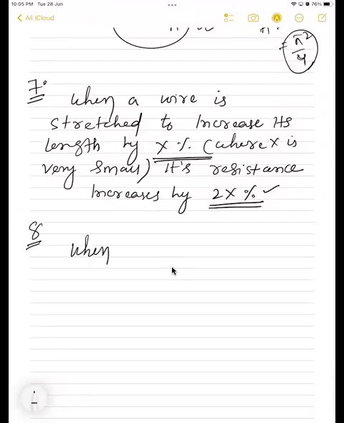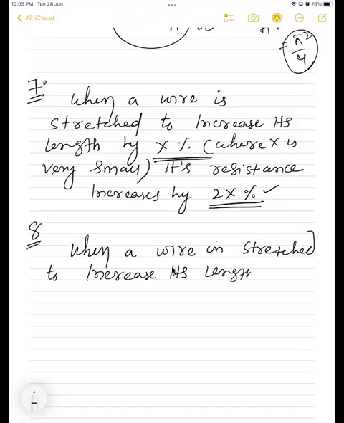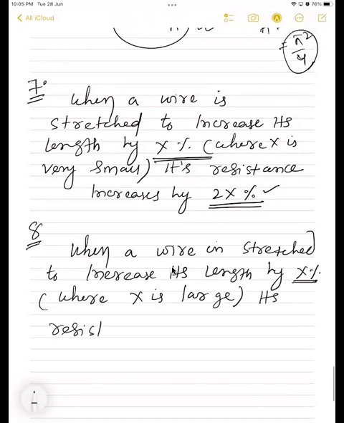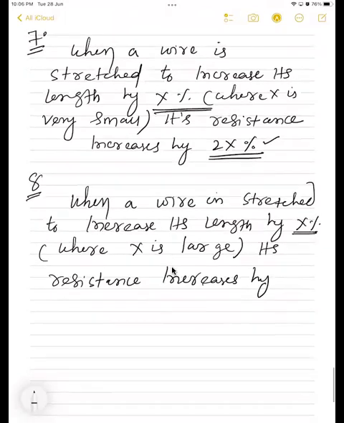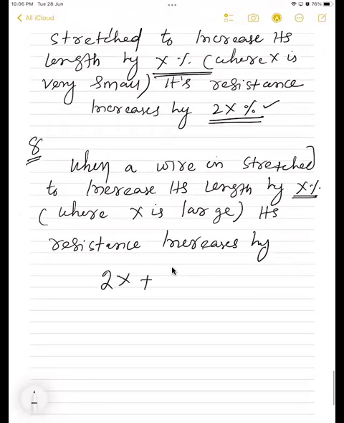Point 8: when a wire is stressed to increase its length by x%, where x is very large, its resistance increases by 2x plus x square by 100 percent, students. To get the percentage you have to multiply by 100, right?